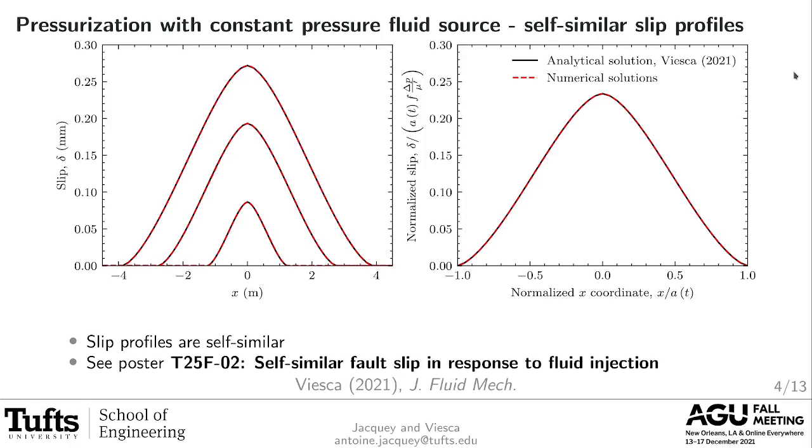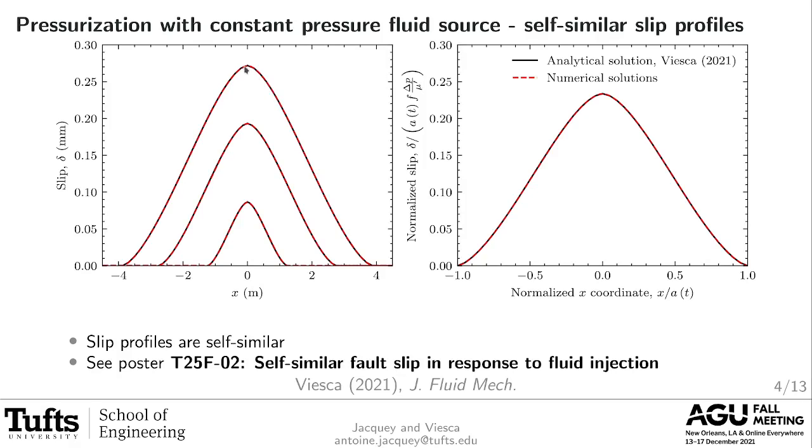So before showing you the results for the depressurization phase, I would like to highlight some properties of the model for the injection case. Here you can see on the left the slip profile at 3 different times, t equals 1 minute, t equals 5 minutes, and t equals 10 minutes after starting injection at a constant pressure.